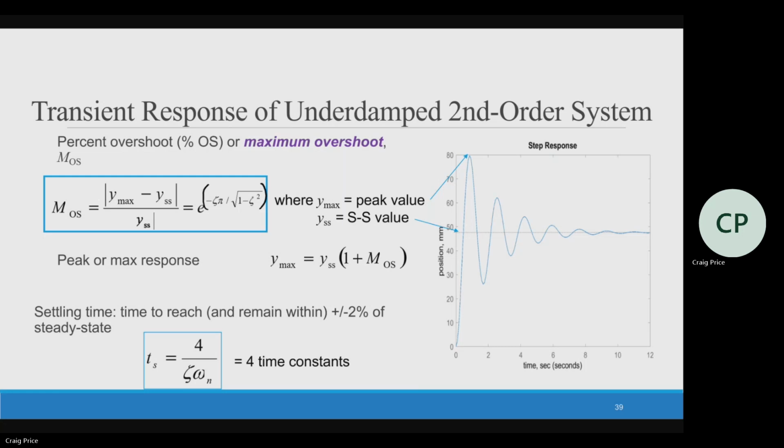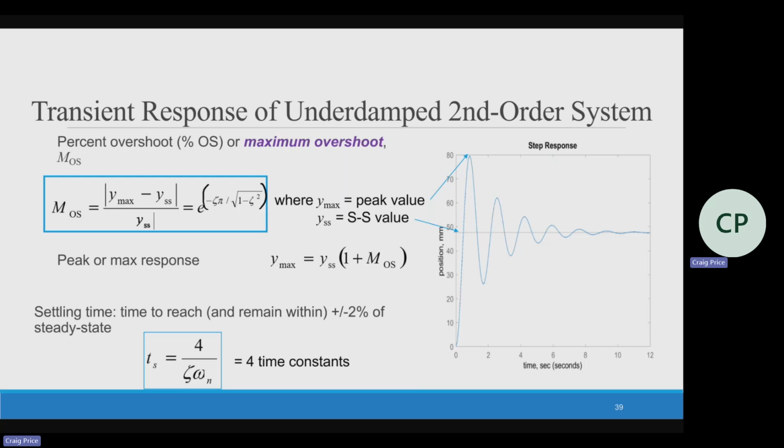Second, if I want to figure out that maximum peak, that is part of the equation called maximum overshoot, or percent overshoot. If I have the damping ratio, I can throw the damping ratio in here. That's going to tell me my maximum overshoot. It's pretty complicated and can be kind of hard to plug into your calculator.